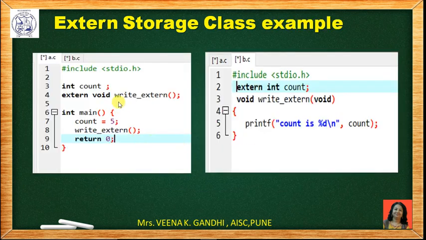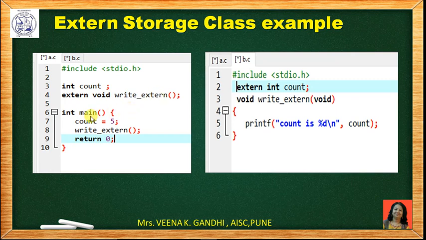Here are two files, a.c and b.c. In a.c, I write #include stdio.h and define the global variable int count. Then I declare a function with extern storage class, extern void write_extern.